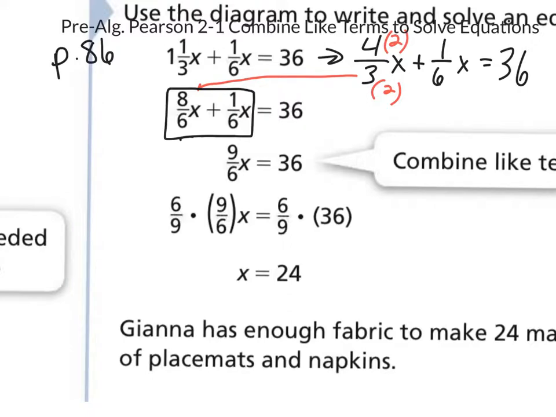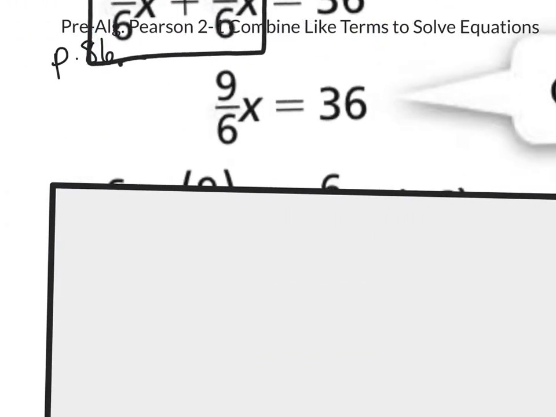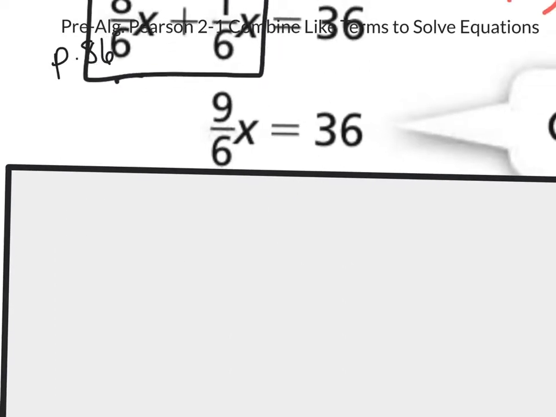The other way of doing it, which is perfectly fine, is we've been talking about opposite operations. From an opposite operation standpoint, 9/6 is right next to the x, which means they are multiplying, and so we could divide. We could divide by 9/6 on both sides.